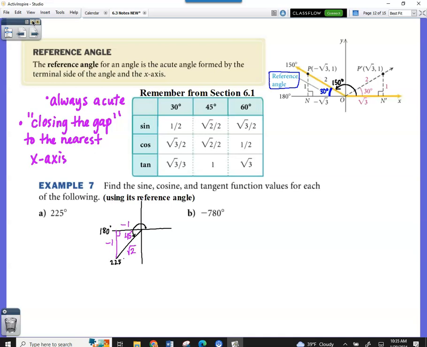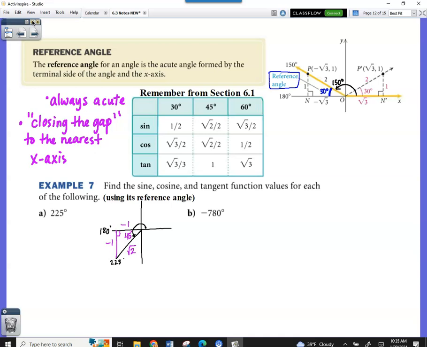If I had given you this picture right away, and I said find sine, cosine, tangent, you would have just ran with it, right? This goes back to like 6-1. The complexity here is I'm saying find sine, cosine, tan of 225. You have to draw it. You have to find the reference angle. You have to remember what quadrant you're in, so what your negatives are, and then you answer sine, cosine, tan.